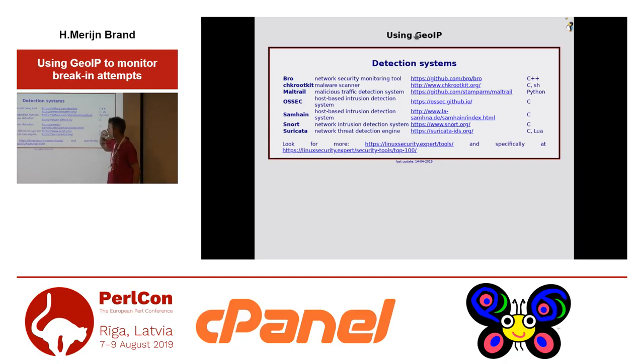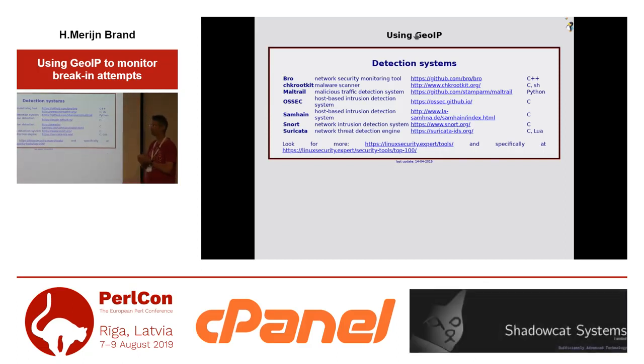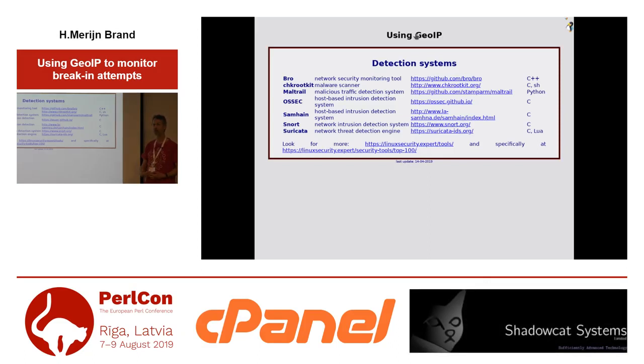There are different detection systems. I've looked through most of them, and I'm personally a fan of OSSEC because it's easy to configure, and the messages that come out of it are really easy to read. It's written in C. You can stack them, you can use them together, so you can get even more and more messages, but it's up to you if you use them and how you use them.